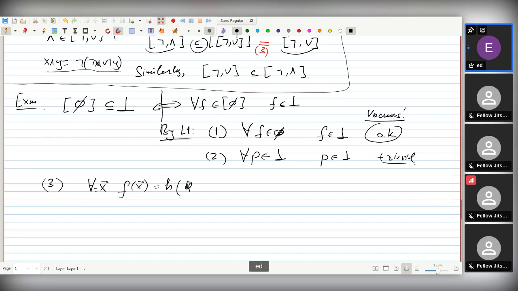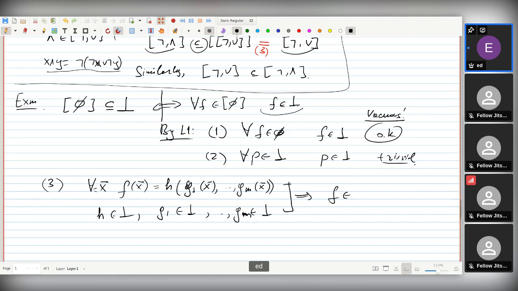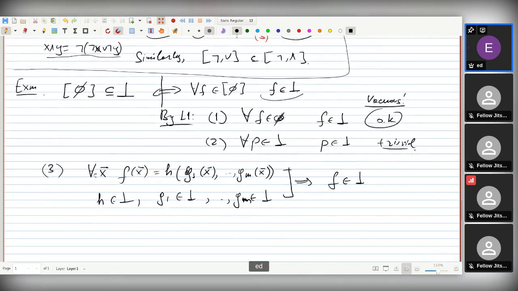So if it is a superposition of H and some G's, and we know that H satisfies our property, H is a projector, and all G's are projectors as well, then, apparently, F is a projector itself. Let us check it. It is very easy.